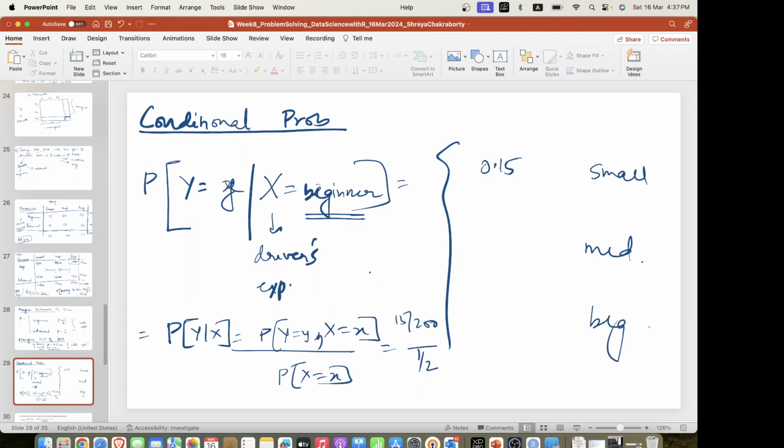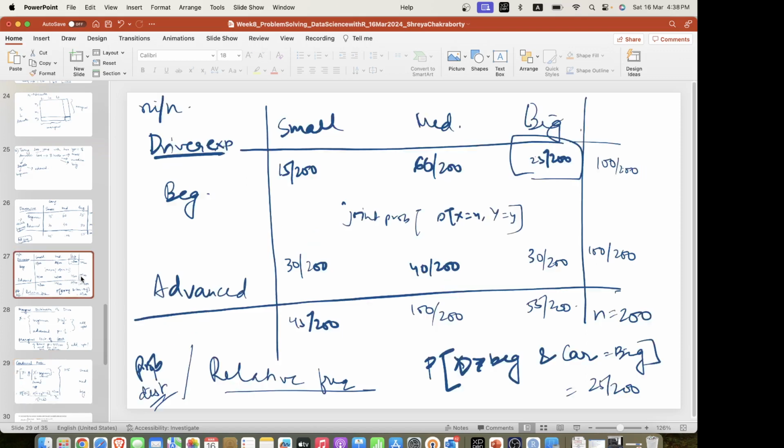Similarly, the probability that the car is medium sized given that X is beginner would be how much? That would be this part, 60 by 200 divided by half.